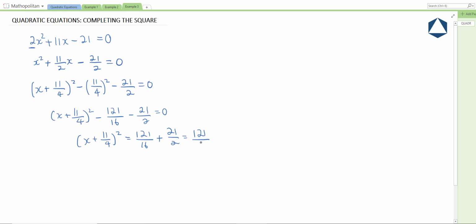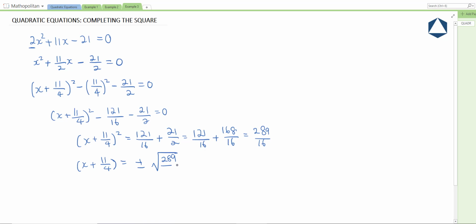And of course 21 over 2 will be 168 over 16 if I multiply both sides by 8. So this will give me 289 over 16.